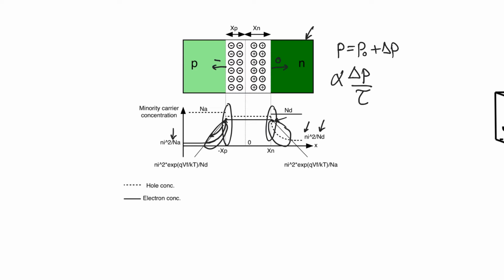And it's obviously dependent on the doping level in silicon in the n side, because if we are using heavy doping, the n side is rich in electrons, which can recombine with holes a lot faster. And so the recombination rate is proportional to delta P by tau, where tau is a property of the n side, basically a property of the doping level on the n side.